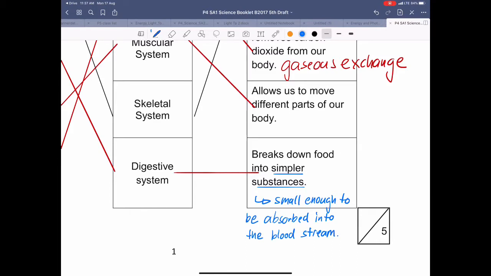Please write down all these annotations that are here to help you revise. Okay, your weighted assessment is up and coming. Moving on. 10, 9, 8, 7, 6, 5, 4, 3, 2, and 1.